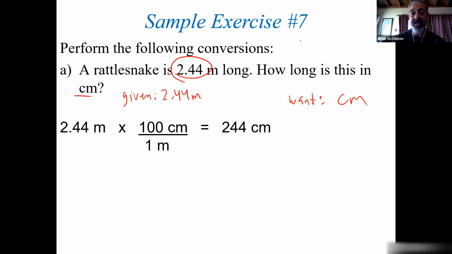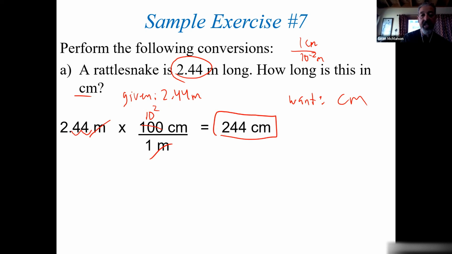I like that better than saying 1 centimeter is 10 to the negative 2 meters. Now, if you want, instead of writing 100, you could say 10 squared. You can do that. But basically, when I do this, I see that the meters cancel. And I'm multiplying this by 100. I can just move the decimal over, and I get that for my answer.